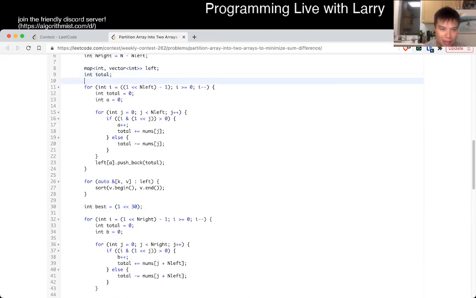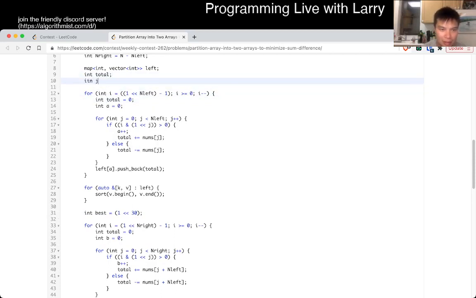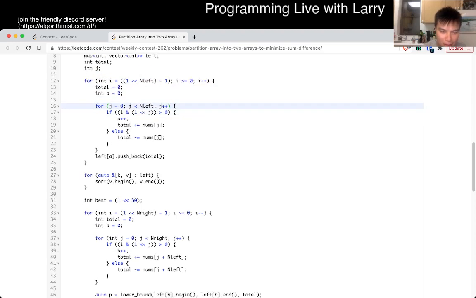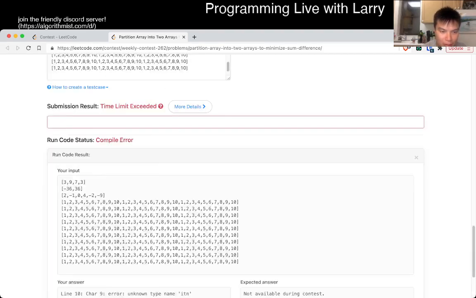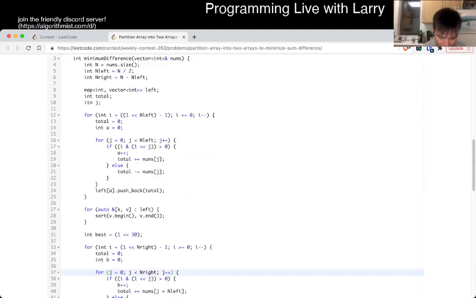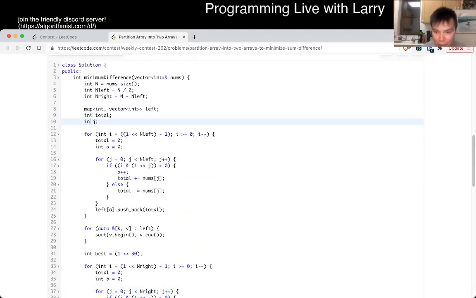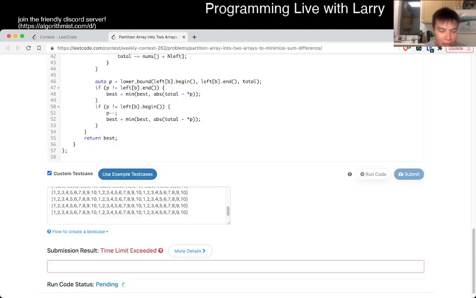Would that change anything? Because these are the inner loops. I don't know. Like it's really frustrating, right?